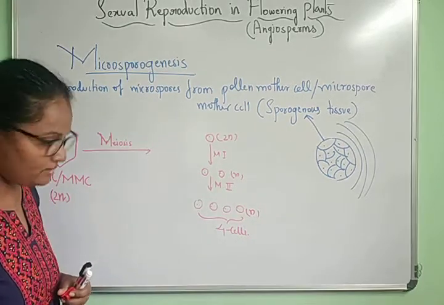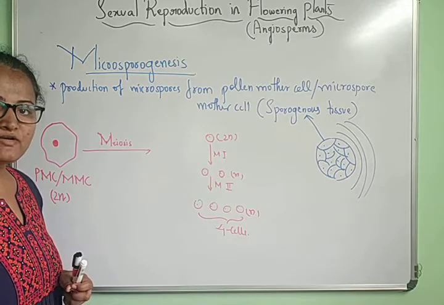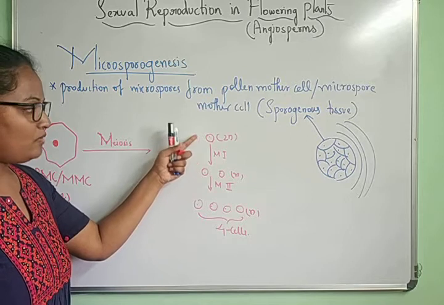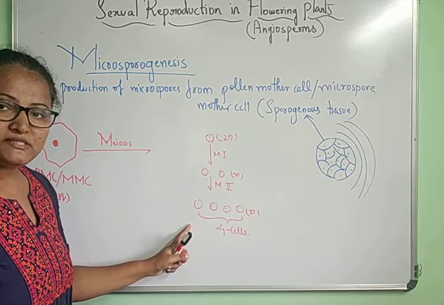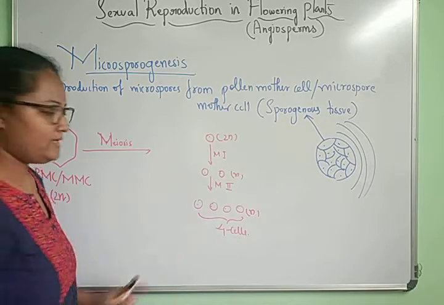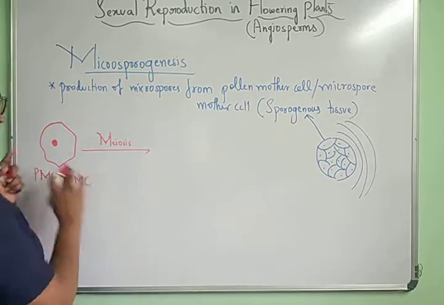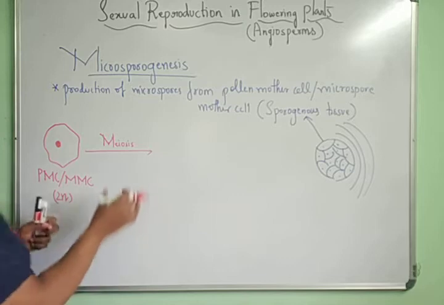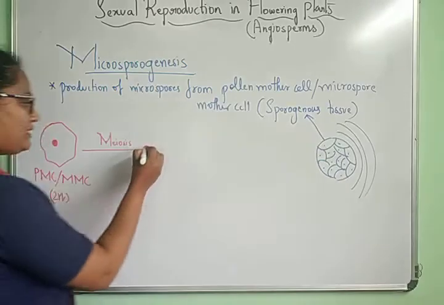So remember the meiosis division what we have studied in our first year. What is the result of meiosis? One cell, if it undergoes meiosis, forms 4 cells which are haploid in nature. So here also the same thing happens. When a pollen mother cell or microspore mother cell, which is diploid in nature, undergoes meiosis, what happens?